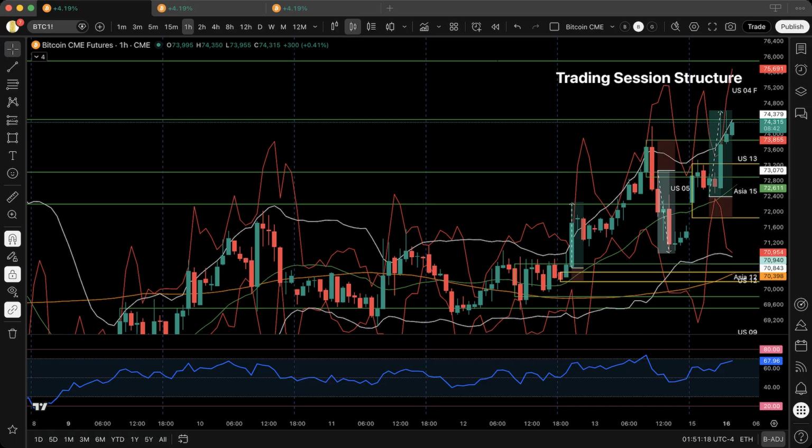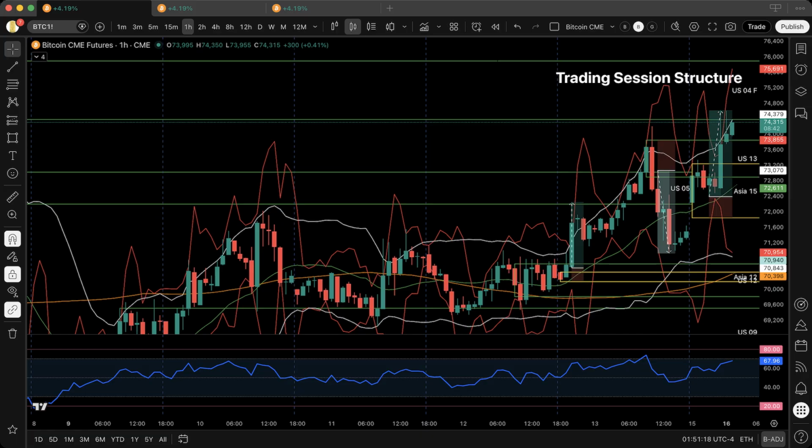And that is exactly what we saw on March 13th. The March 13th U.S. session anchor formed near the upper boundary of the March 5th U.S. session anchor. Price then attempted to reach the lower boundary of the February 4th U.S. anchor. But that attempt failed. Instead, price fell back.